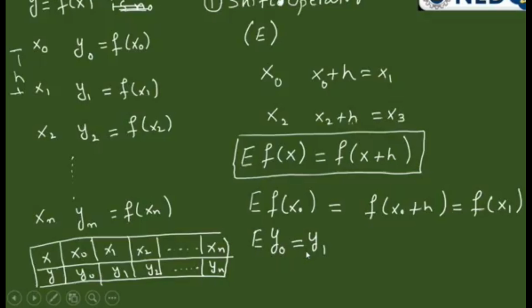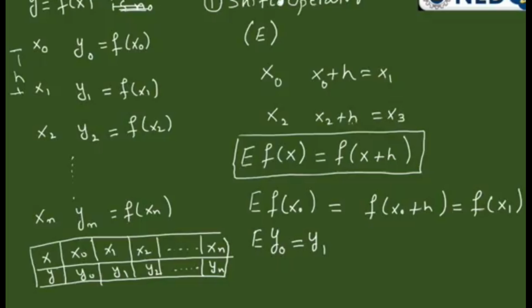In fact, I have used that word. Listen, you can see if I am applying the operator on this value, I am assigning it the value which is lying in the forward direction. So I call it forward shift as well. But this is the basic definition of the shift operator. I'm shifting it forward, which means that there is some chance that I can shift it backward as well.